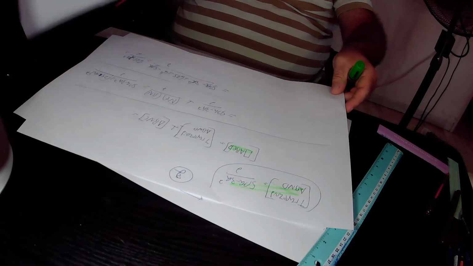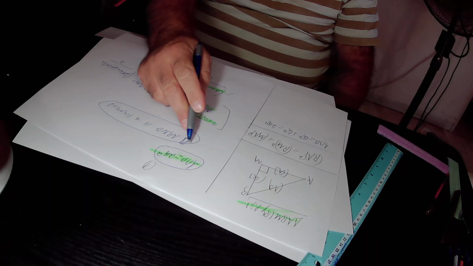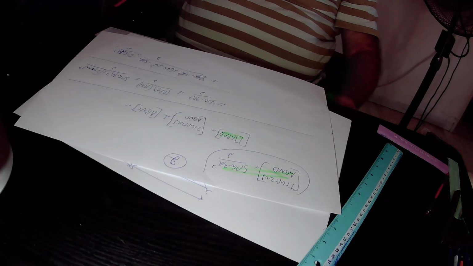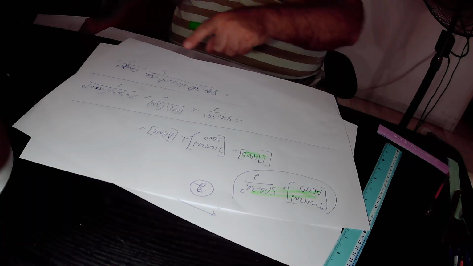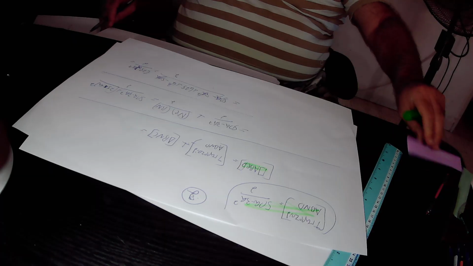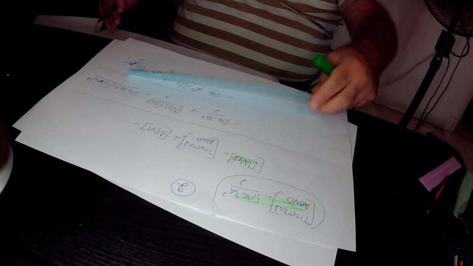But we already found out that 2A squared equals 100. Therefore, we substitute 2A squared here by 100.